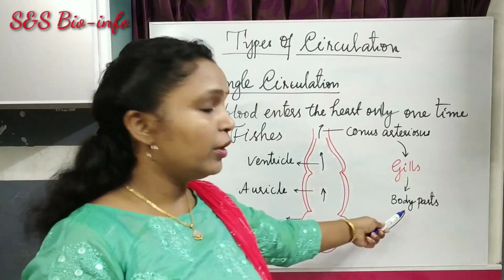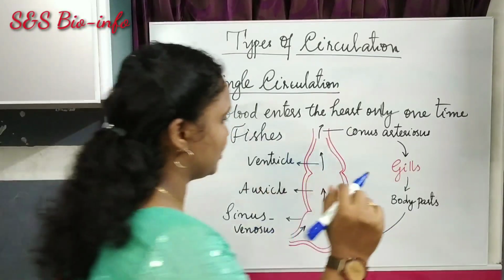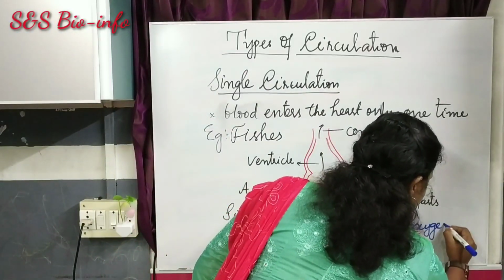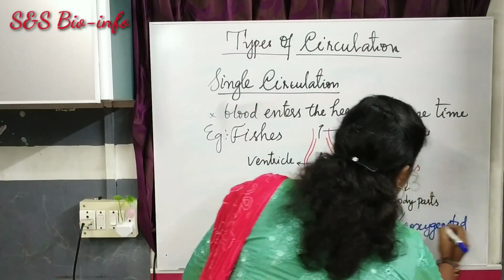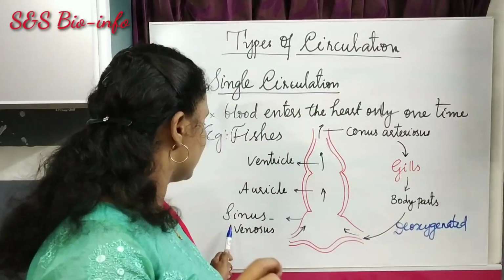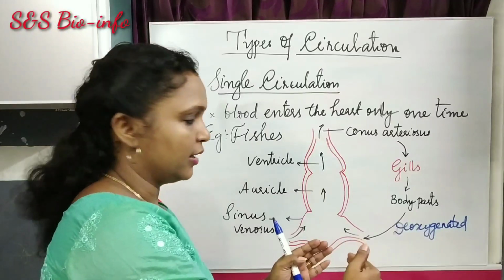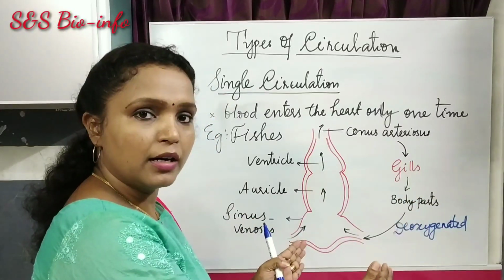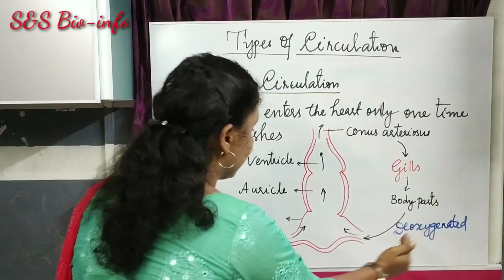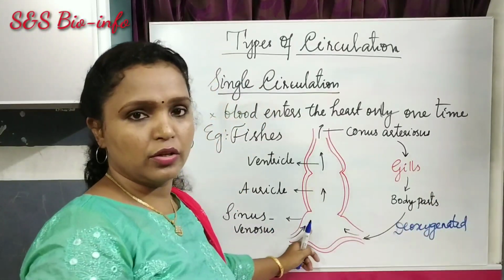So from the body parts, the deoxygenated blood reaches the accessory part called the sinus venosus from both sides. That means from all body parts, the impure blood or deoxygenated blood reaches the sinus venosus.